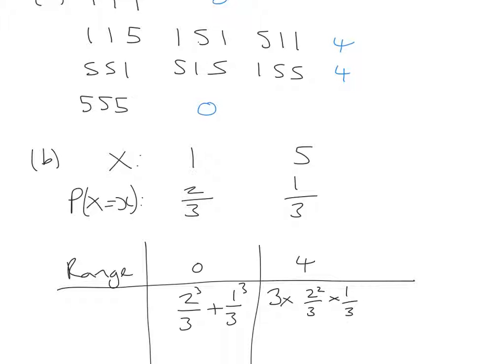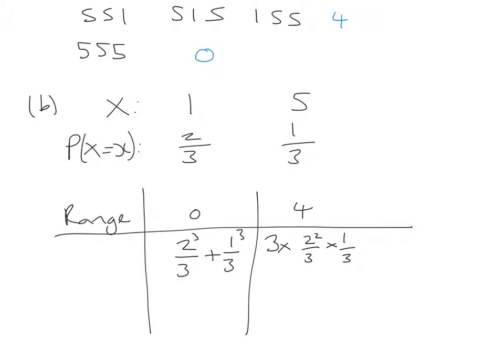And also then we've got this row here where there are 2 5s and 1 1. That also happens in 3 possible ways. So it's going to be, add to that 3 times 1/3 to the power of 2, because we've got 2 5s in this one, and multiply that by 2/3, which is the probability of getting a 1.